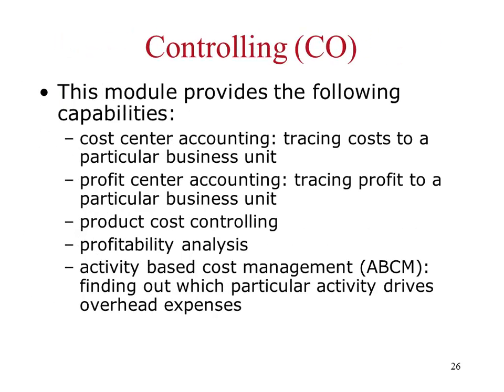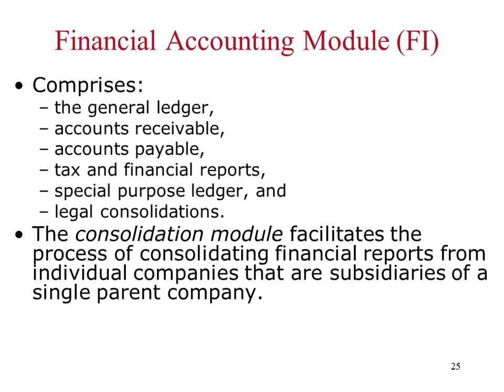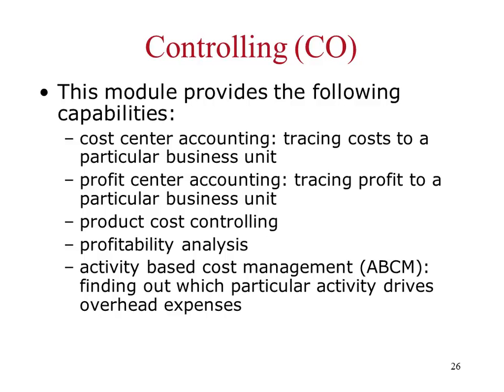Good. The next module is the controlling module. This module is kind of the opposite of this one. This one dealt with financial reporting needs, information for external users. This module deals with information which is of concern to management, to internal users. When you studied managerial accounting, these are the kinds of questions you would like answered. For example, you have business units, and you would like to know the cost of each business unit, what the profit is.